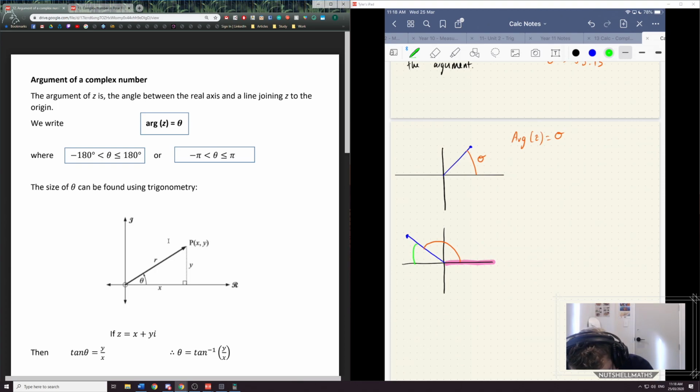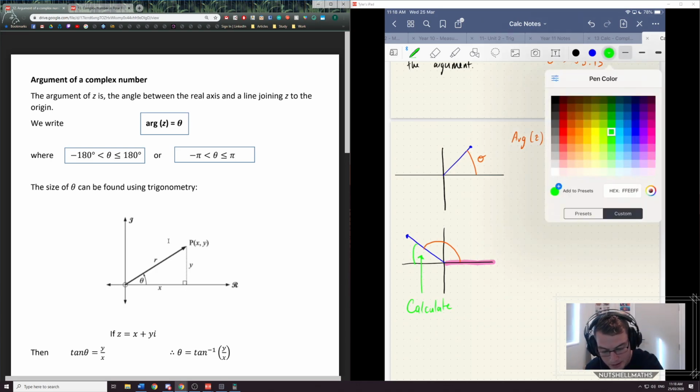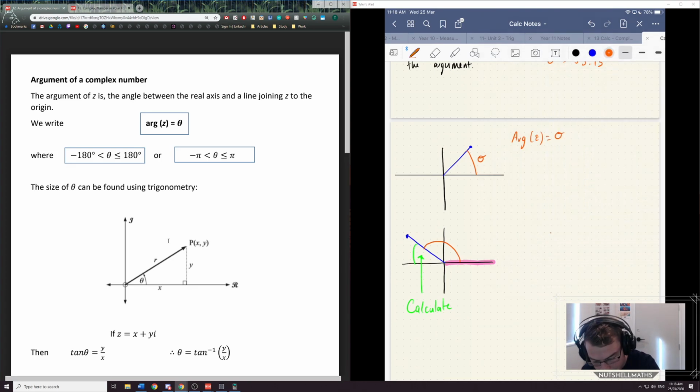I'll do an arrow. This is the angle we can calculate, but this is the angle we care about. And so this is the angle we call the argument of z.